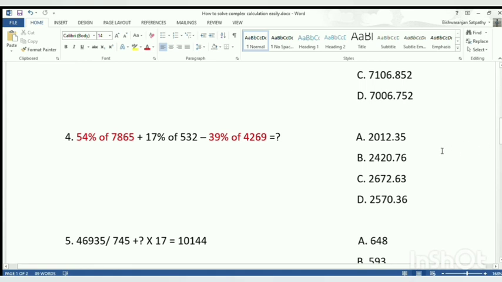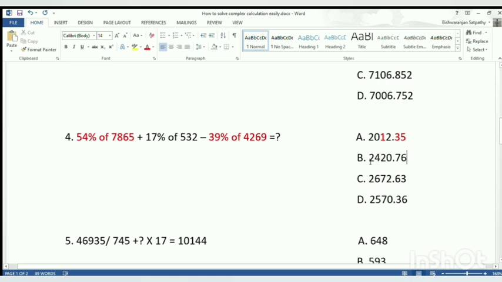Now let's check the options. 2, 1, 2. Okay, we can eliminate 5, 3 and 1 because the sum will become 9. Okay, so 2 plus 2, 4 will remain. So this is not our answer.